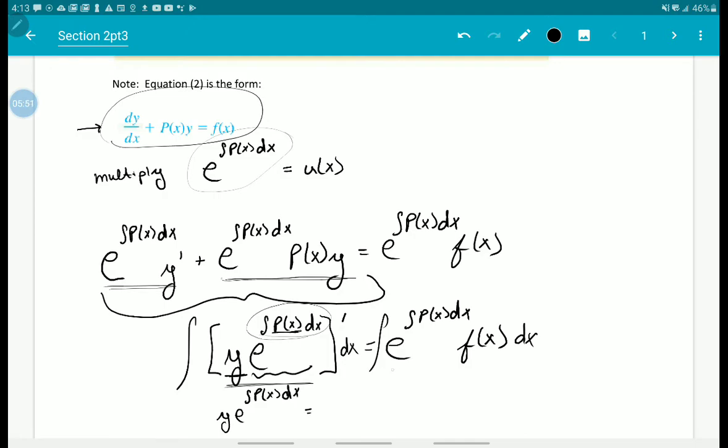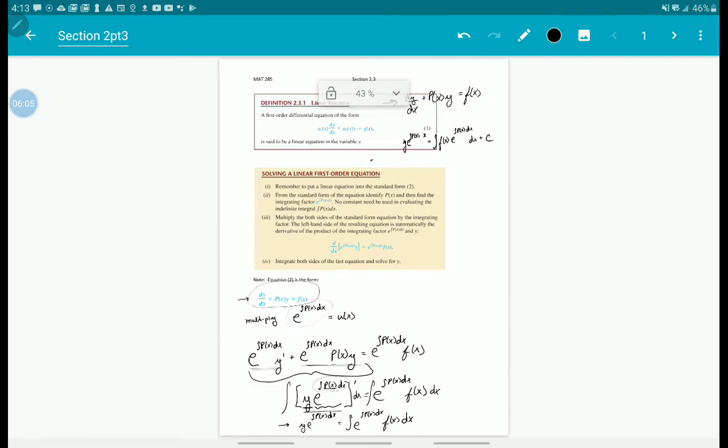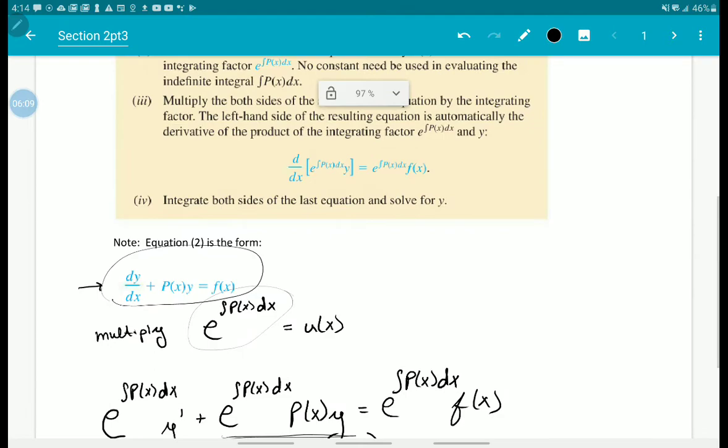And then I would need to integrate this right-hand side, which, we don't have any functions, so I'm just going to leave it in this notation. So that's where that formula from Calc 2 is actually coming from. It's coming from this idea that we can multiply both sides by this exponential piece.